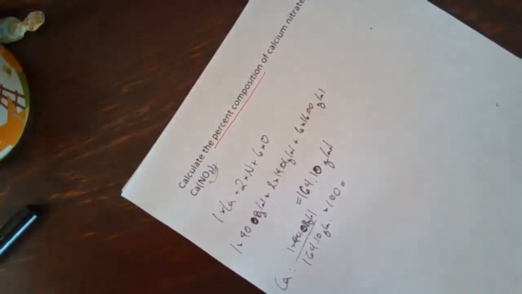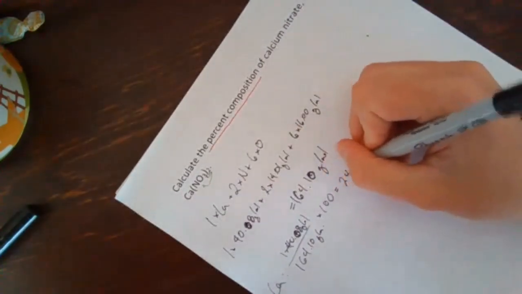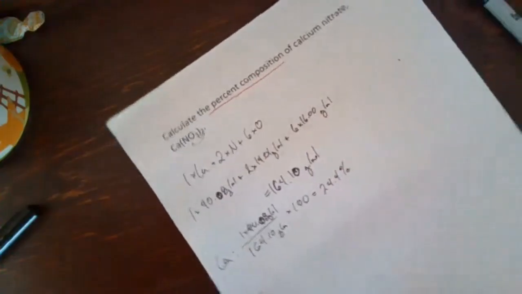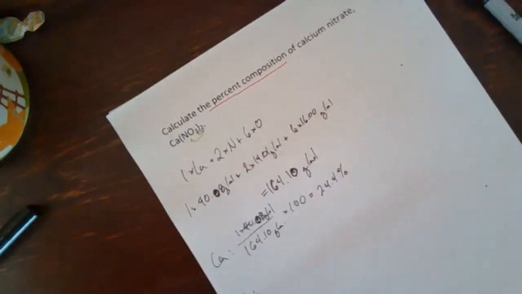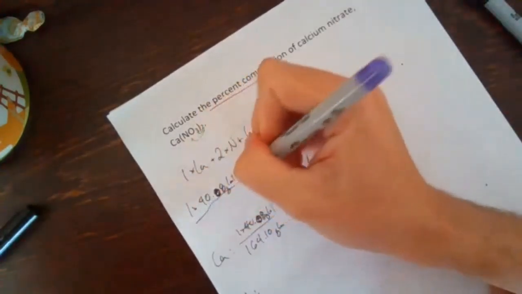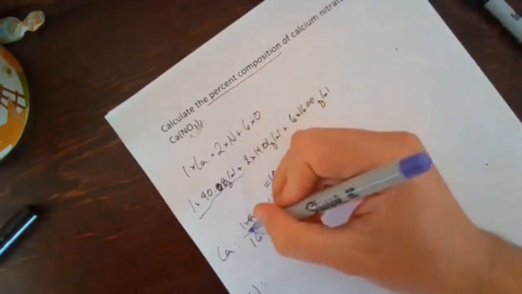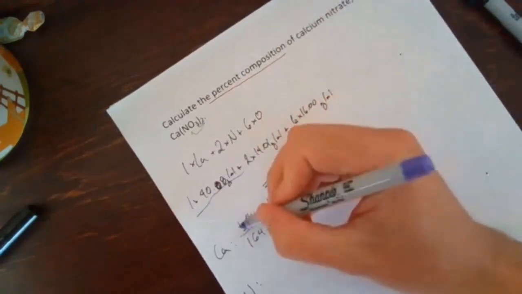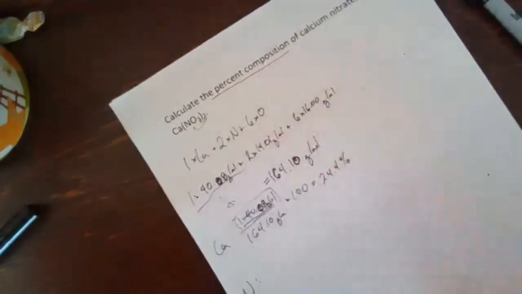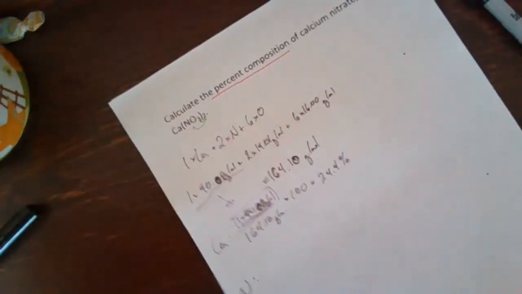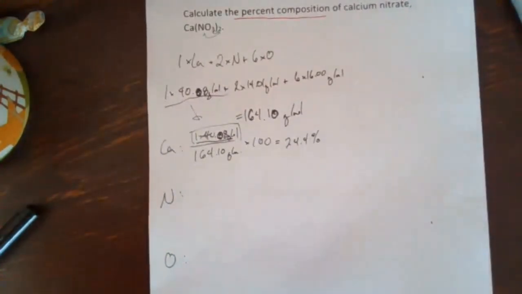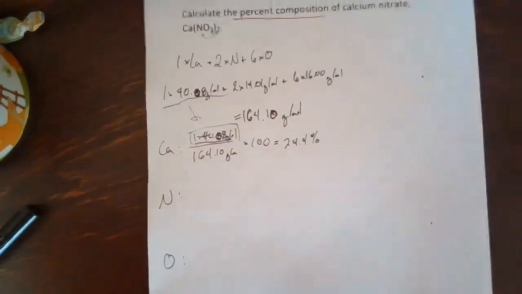And that is going to be equal to 24.4%. So when we're looking at this, we can see that we just take the 40.08 part of the molar mass and put that right there for the calcium component, because that was how much calcium was contributing to the overall molar mass. We basically just isolate that and divide that by the total. That's our percentage.